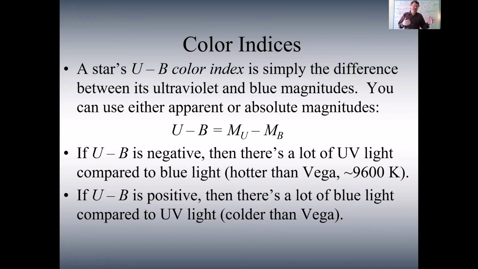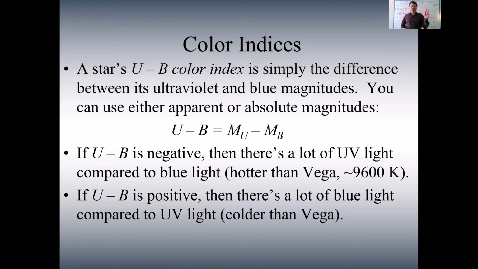Well, as the name implies, it's giving you information about what the color of the object is. So let's think about it. Let's say U minus B is a negative quantity. Remember what negative magnitudes mean: negative magnitudes are getting really bright. The sun is negative 27 for its magnitude because of how bright it appears in the sky.